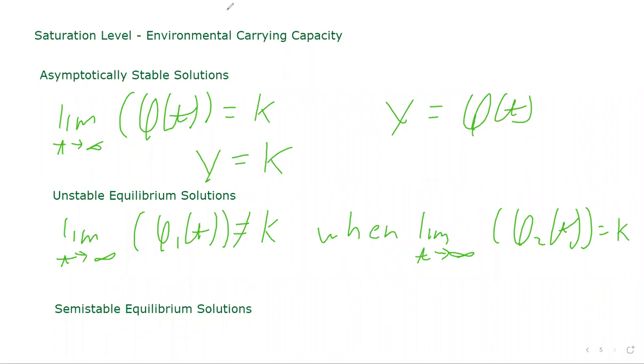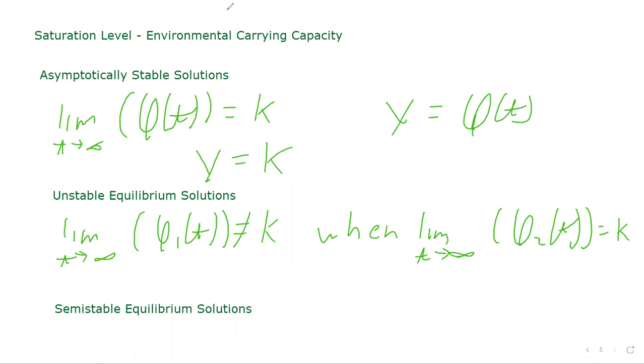So the limit for one of them is different than the limit for all the other starting points. So one starting point goes one place, every other starting point goes somewhere else. And this will be an unstable equilibrium or an unstable critical point.